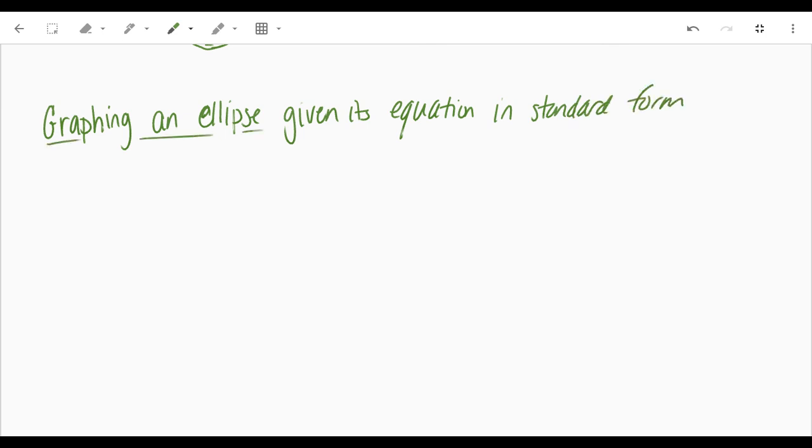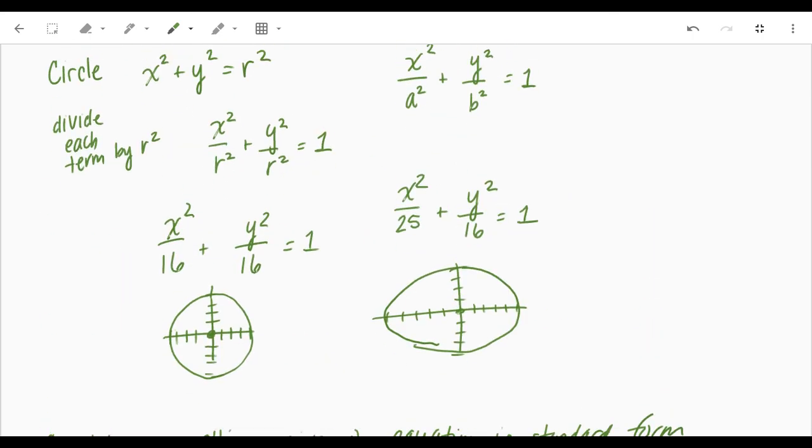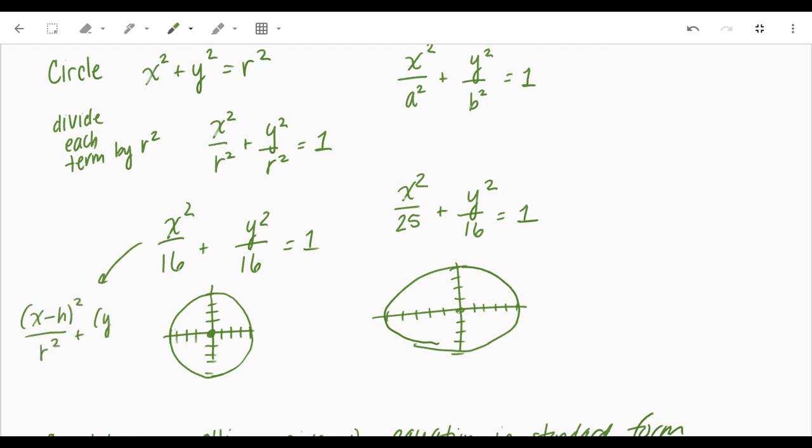The only thing that we're going to add to that example is the center not always being at 0. Remember up here, we could change where the circle is by doing x minus h squared over r squared plus y minus k squared over r squared equals 1, and the center would be h, k. Same thing with an ellipse.